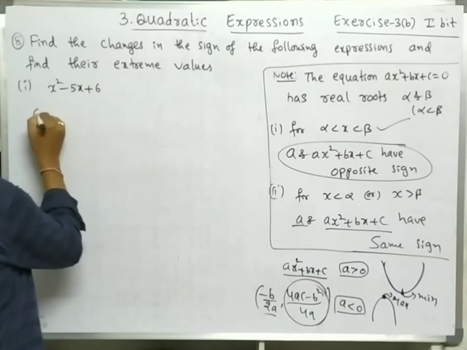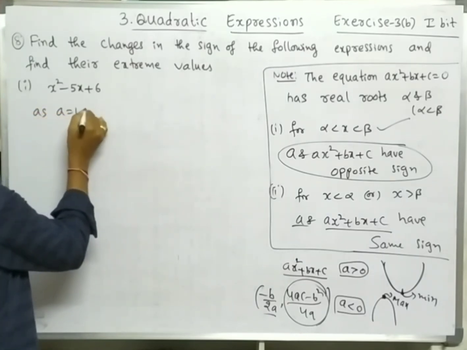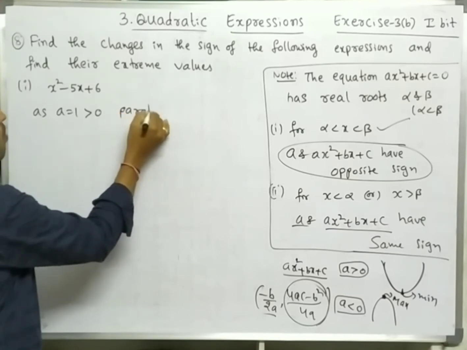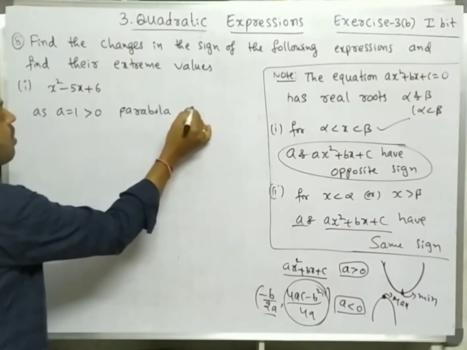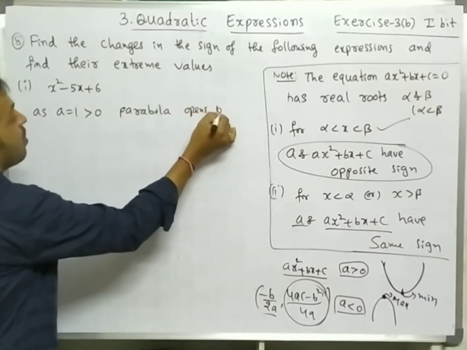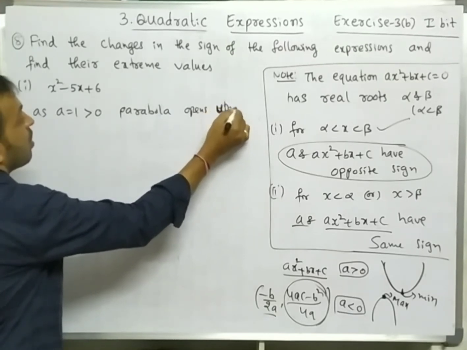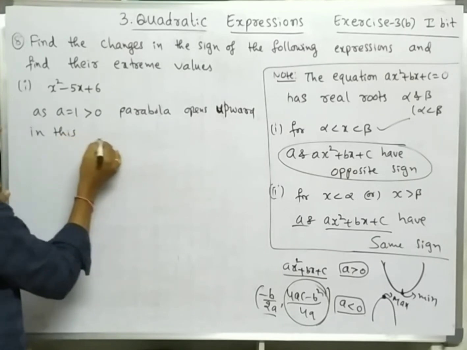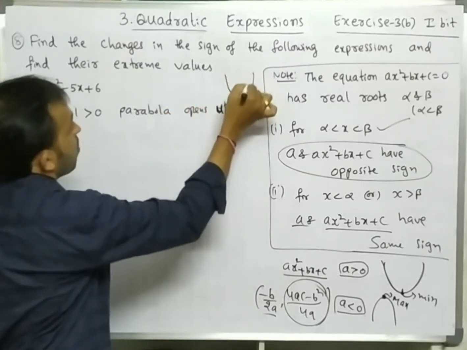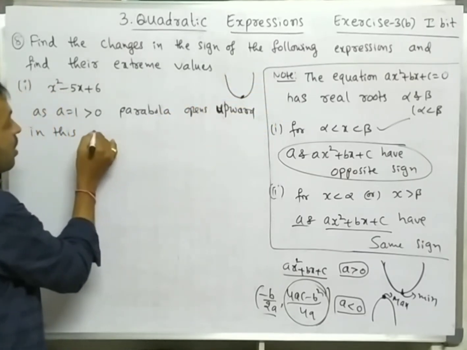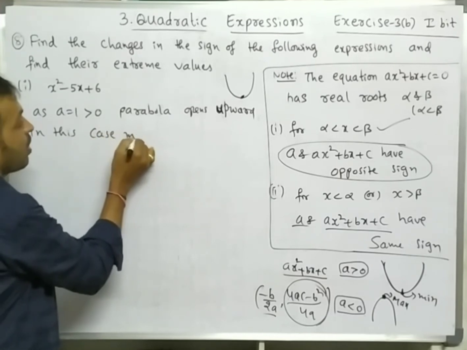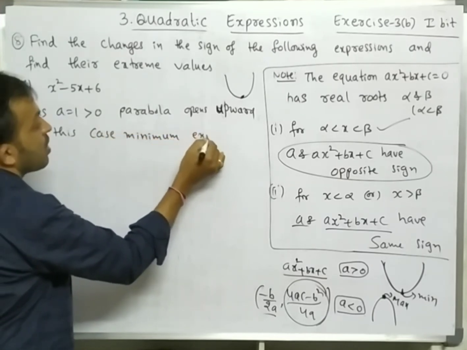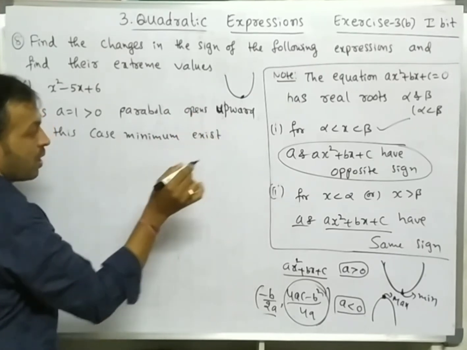As a is equal to 1, which is positive, the parabola opens upward. So in this case the minimum exists and the maximum does not exist.